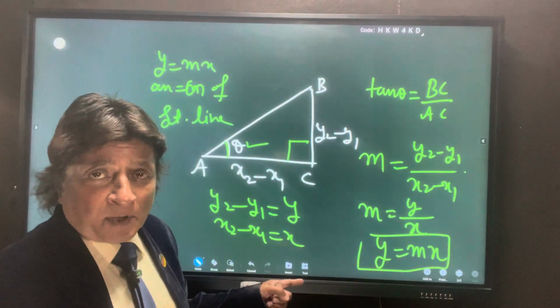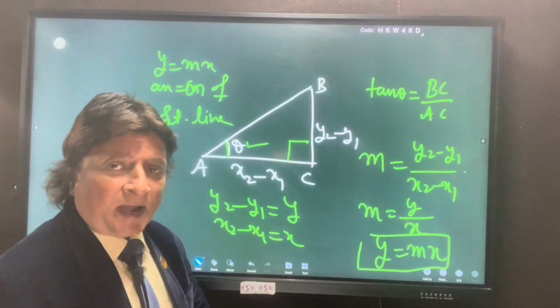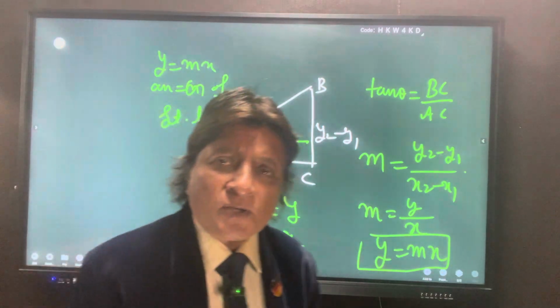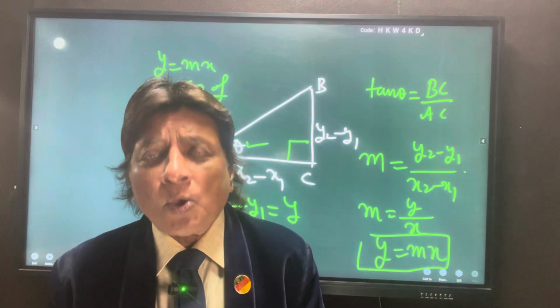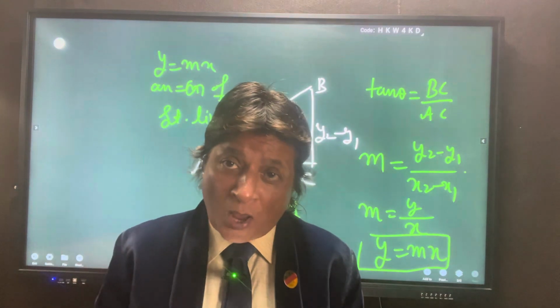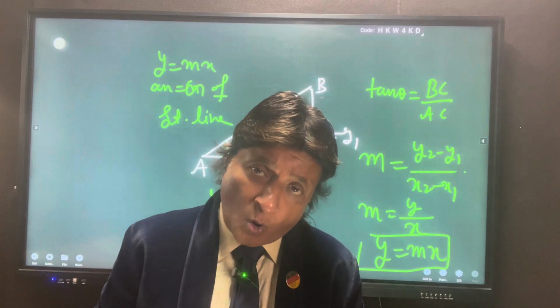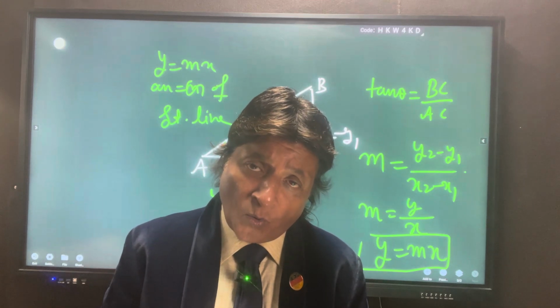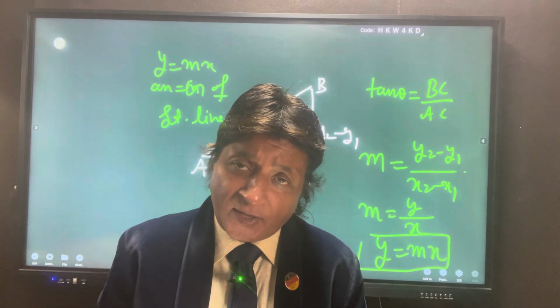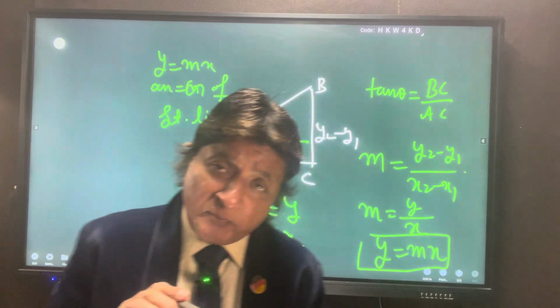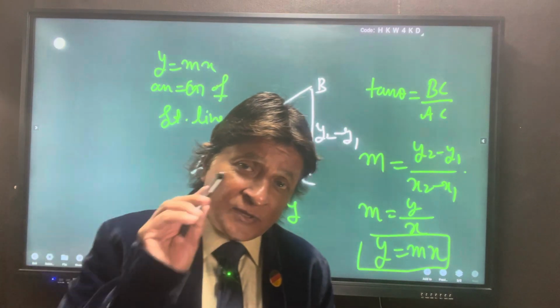This is called the equation of a straight line. So students, when two projectiles are viewed from each other, if you view one projectile from the other, it is a straight line.